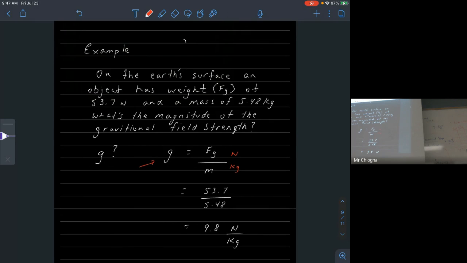If you were asked what's the acceleration, the unit would be meters per second squared. What unit you use depends upon what the question is.